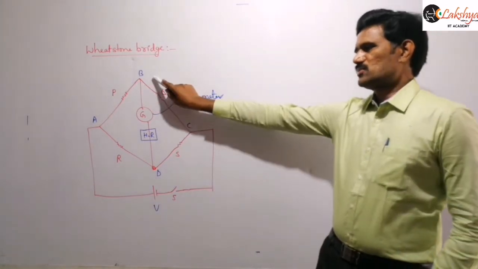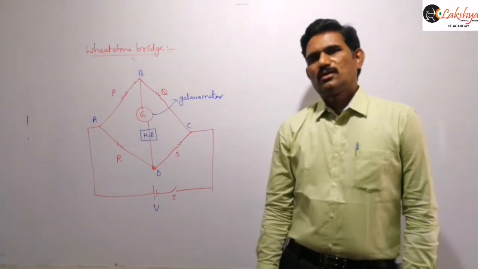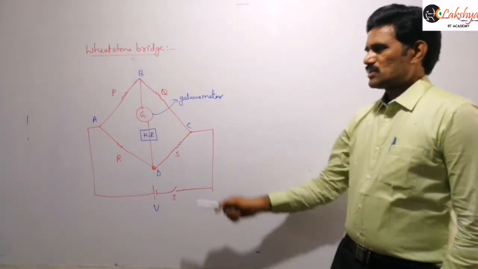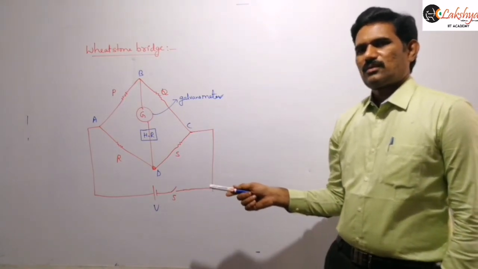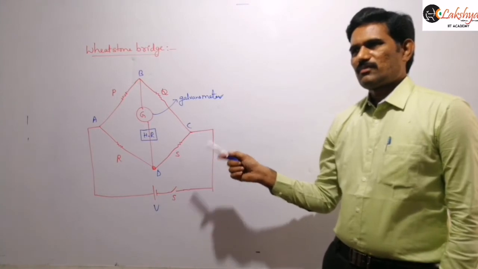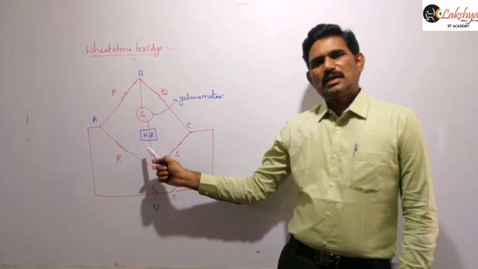Between two junctions, we connect a galvanometer G and a high resistance box in series with it.